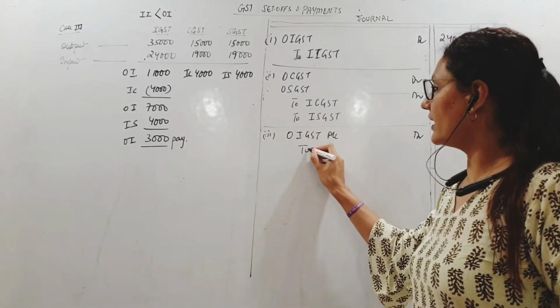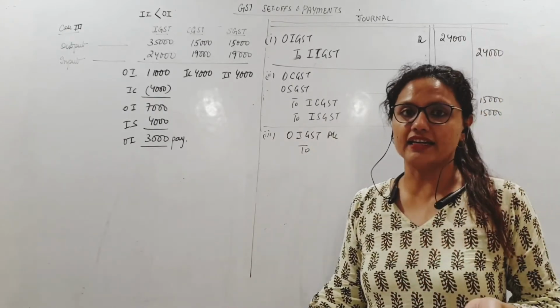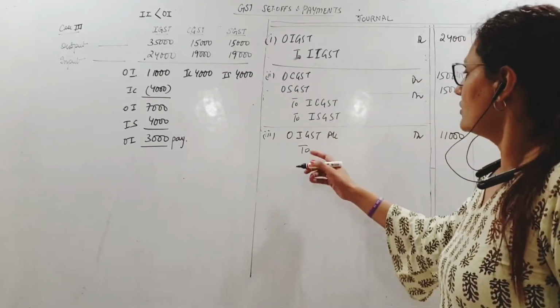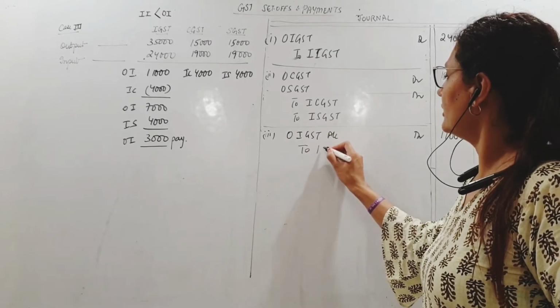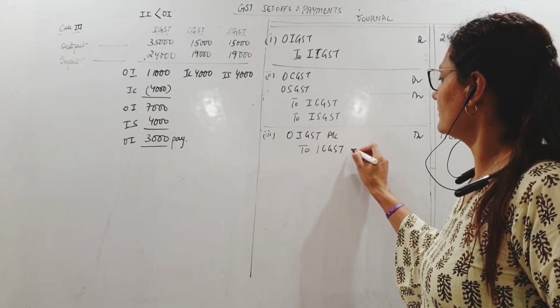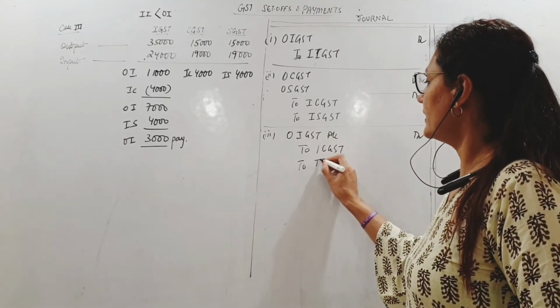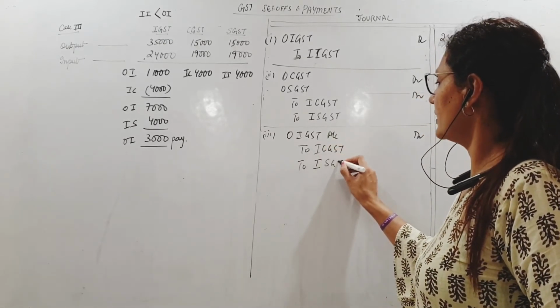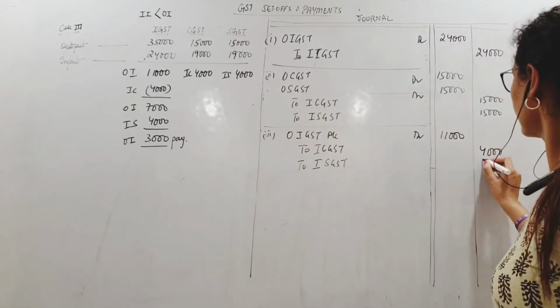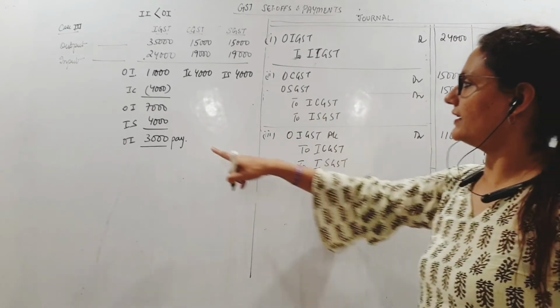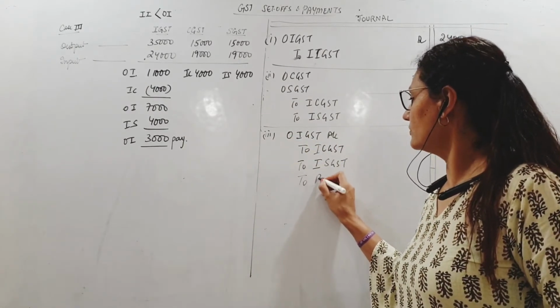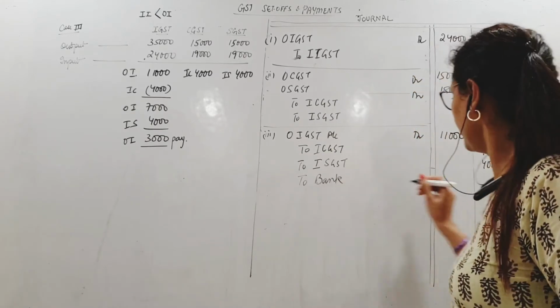I cannot have an output here carried forward. I have to pay off. So here to input CGST, how much? 4,000. To input SGST 4,000 and the balance 3,000 to bank because I have to pay that.